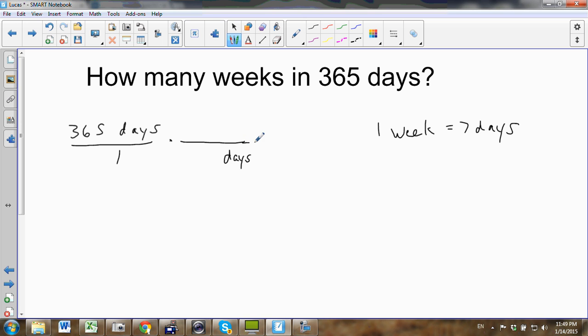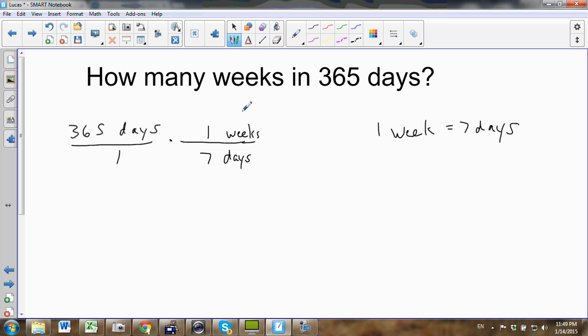Now, if I want to change from days into weeks, I'm going to put the unit days in the denominator of my conversion factor fraction, and I know that I want to convert to weeks. So now I need some numbers here. Well, 7 days is the same as 1 week.